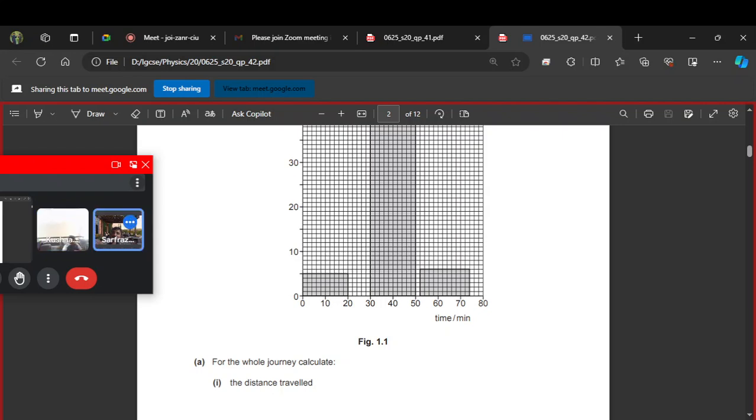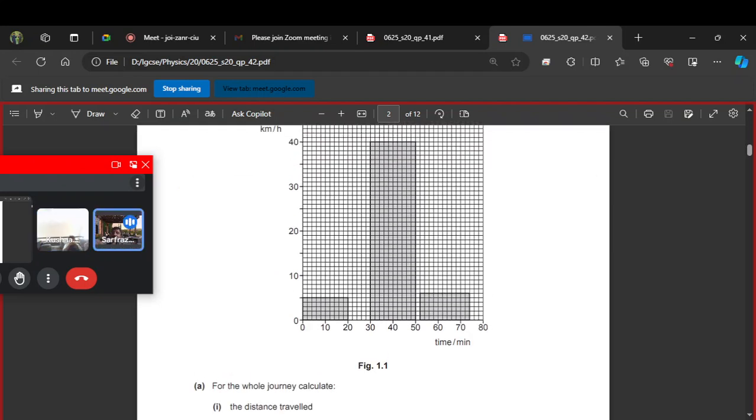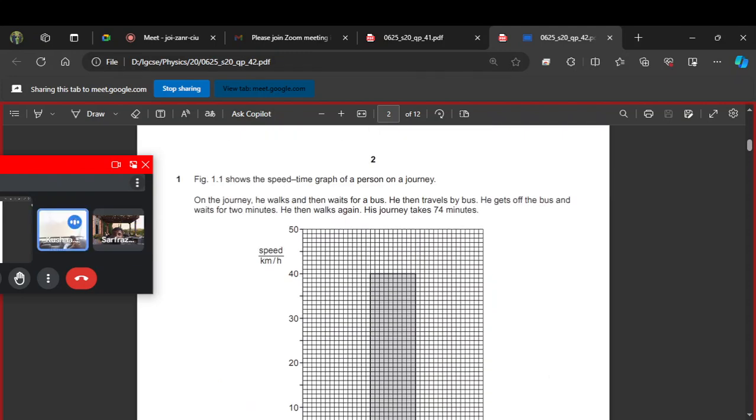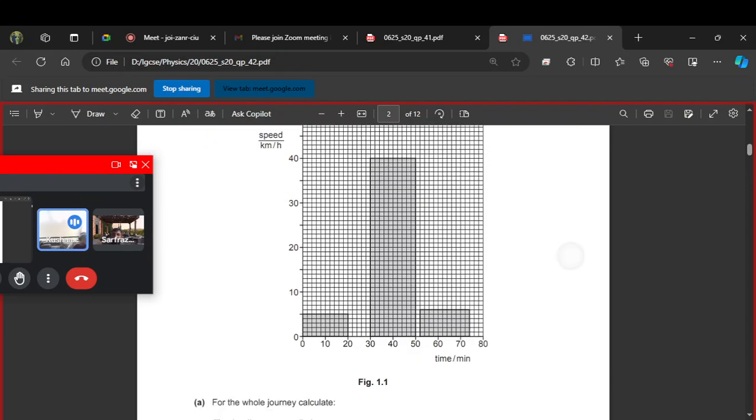What is 120? Wait, no. We will calculate it by using the graph, and the graph has three sections. So we will calculate distance for each section, and then we will add up. So 5 is kilometers per hour, divided by how many minutes? 20 minutes. So you do 20 divided by 60.